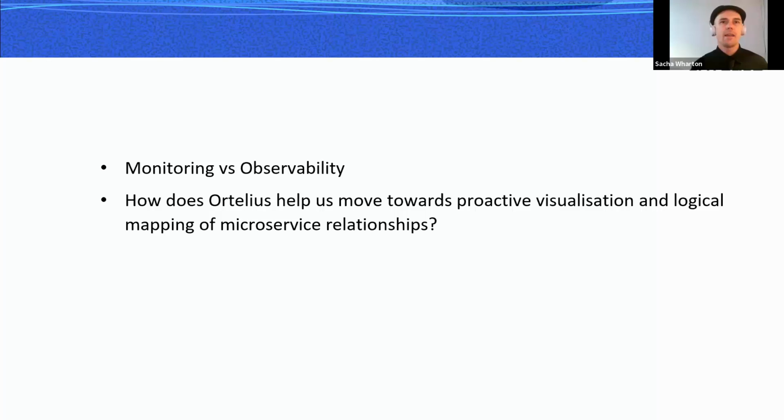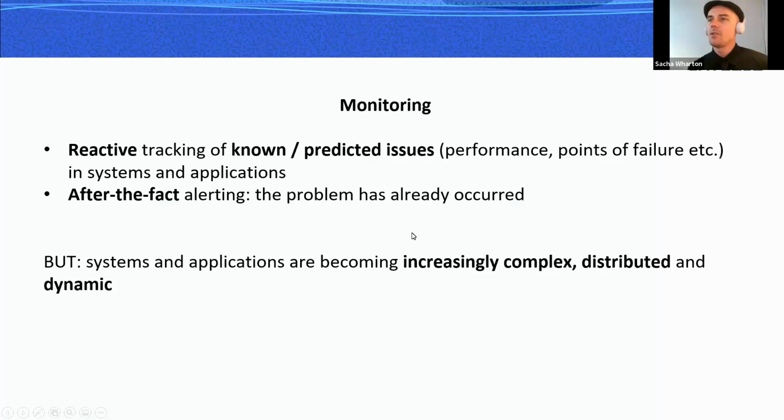It gives you a systematic overview over time, tracking the known and unknowns in the system. It uses instrumentation to show you performance and points of failure. But it's very reactive, basically after-the-fact alerting. The problem has already occurred.